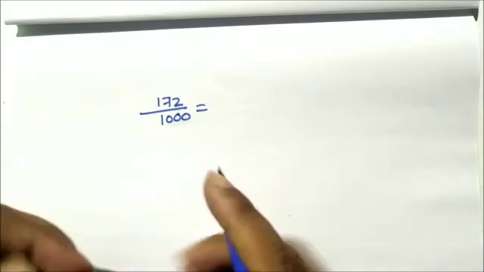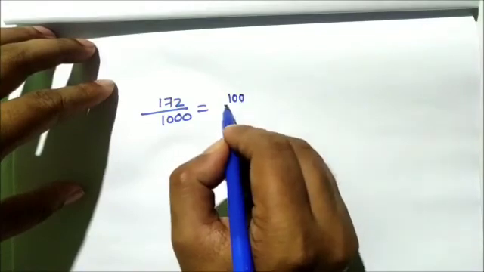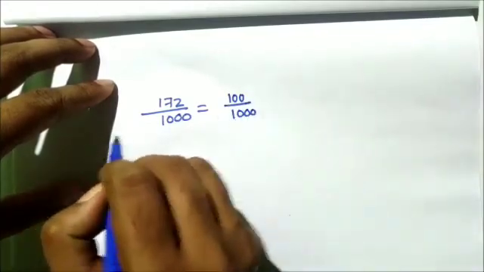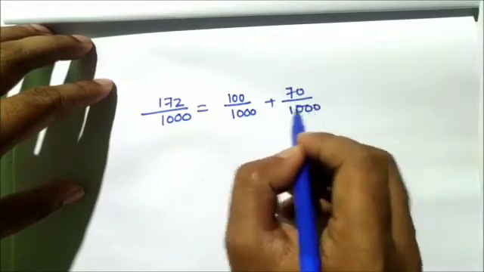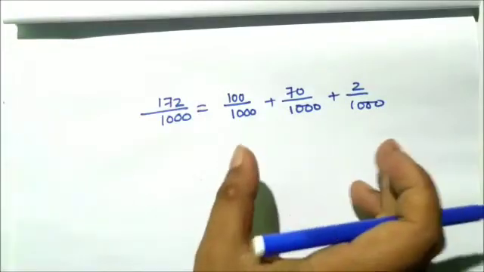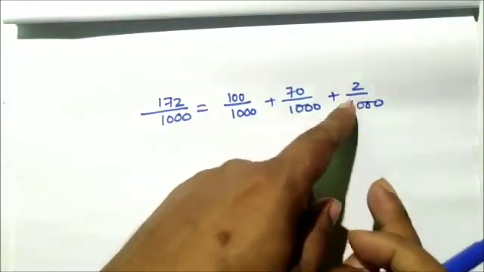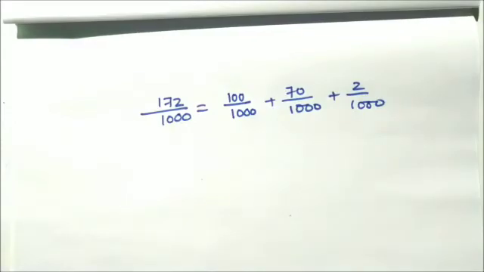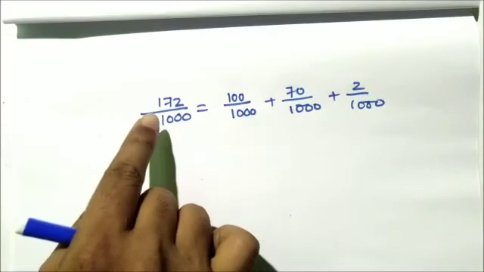How? 172 can be written as 100 by 1000 plus 70 by 1000 plus 2 by 1000. So in all, 100,000 plus 70,000 plus 2,000. If you add all this, then you will get 172,000.